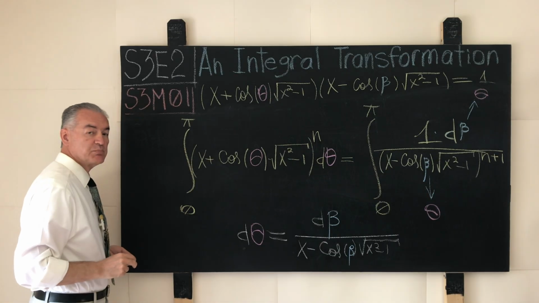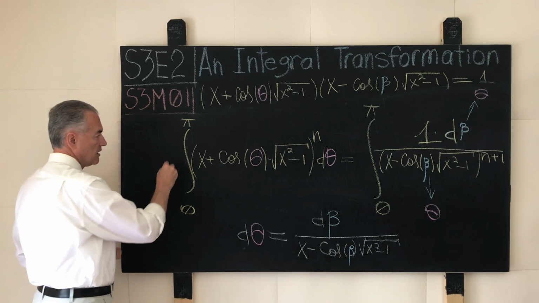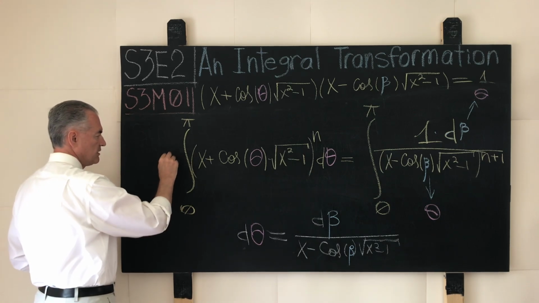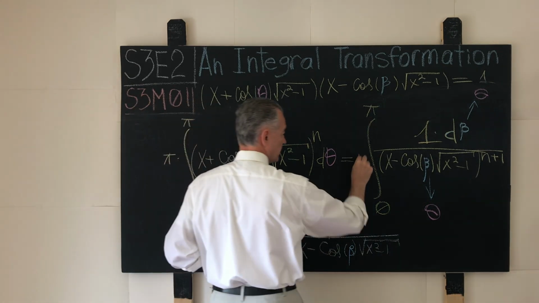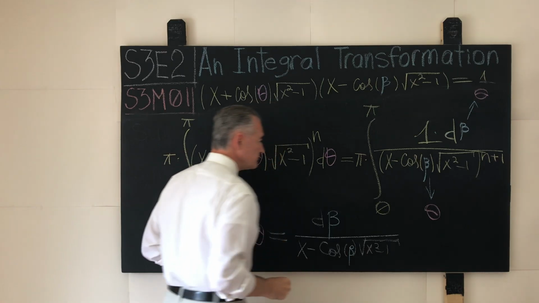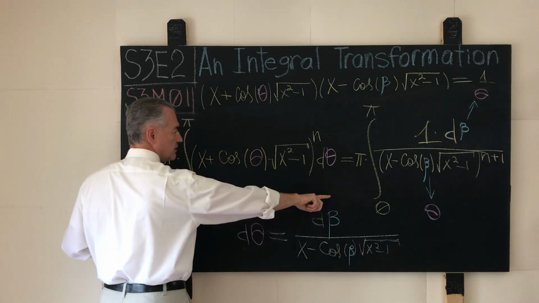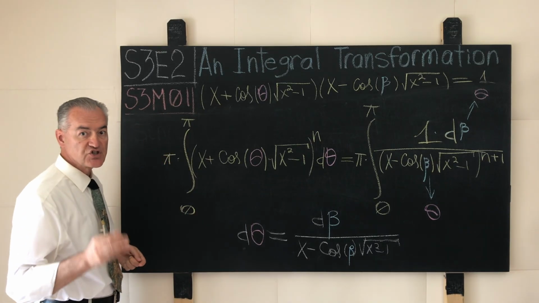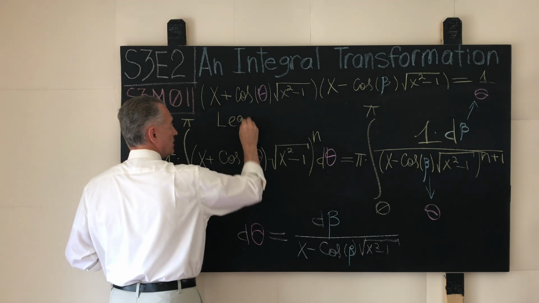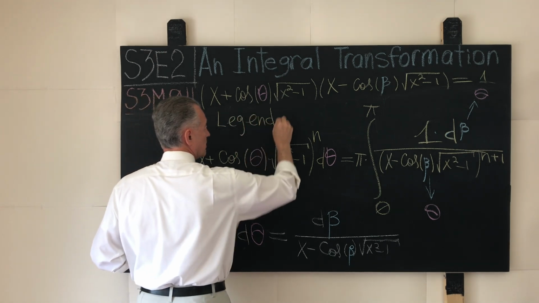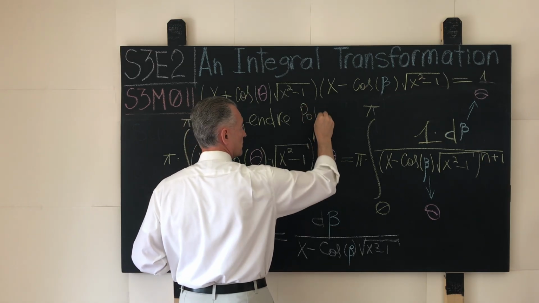Modulo the multiplicative constant, that must be pi, if I'm not mistaken. For the specialists, keep me honest, I think it is pi. But the integral over here with the pi in front is the representation of the so-called Legendre polynomial. So I think that's how these things are spelled.